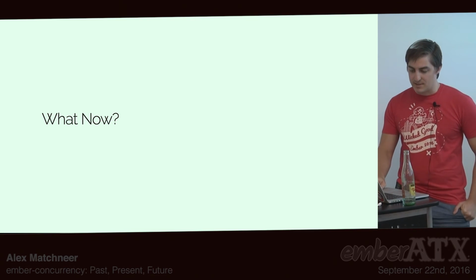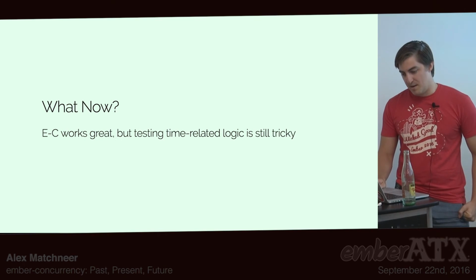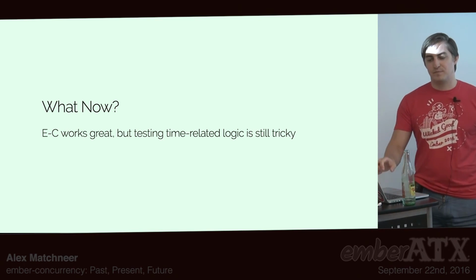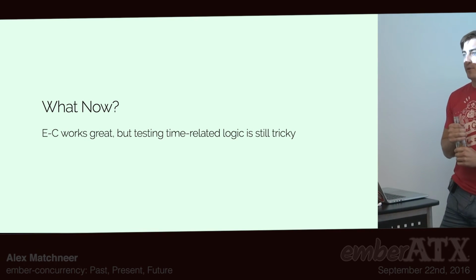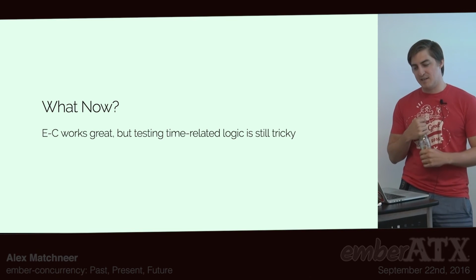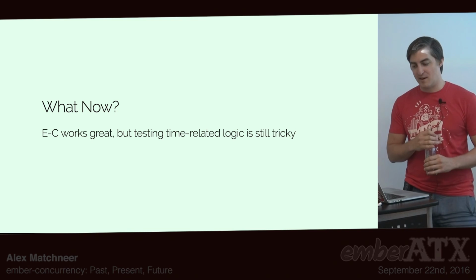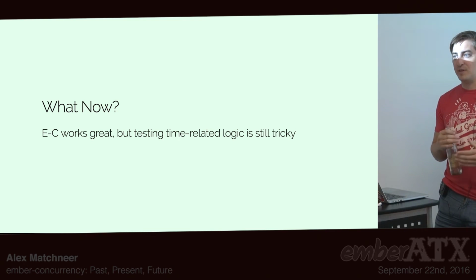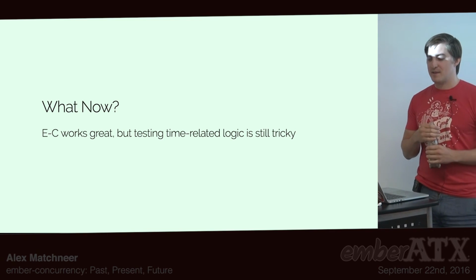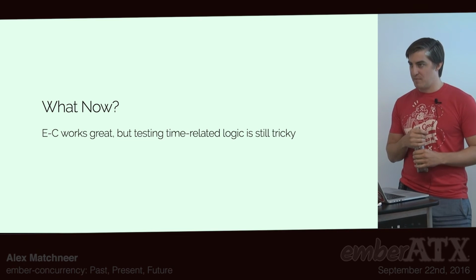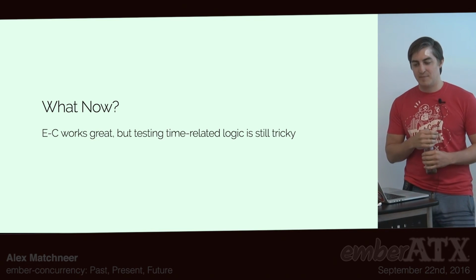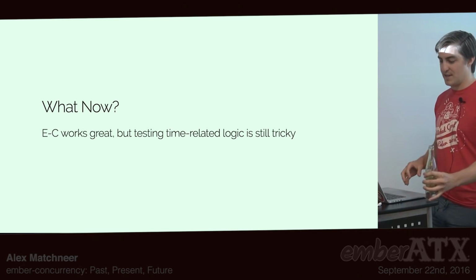But I need to talk to people about that again. Separate from that, a lot of people have reported that testing Ember concurrency tasks is tricky, and as a pedantic add-on author, I always come back and say, what were you doing before? Were you not implementing features involving time and polling and all this stuff that Ember concurrency makes easy? And I don't really know what the answer is to that.